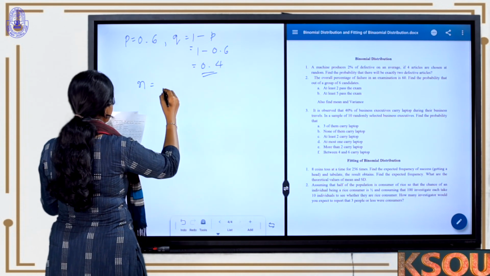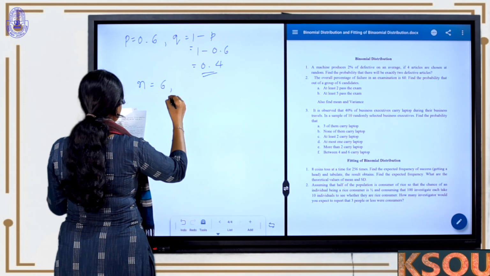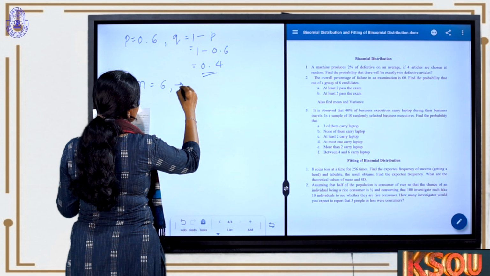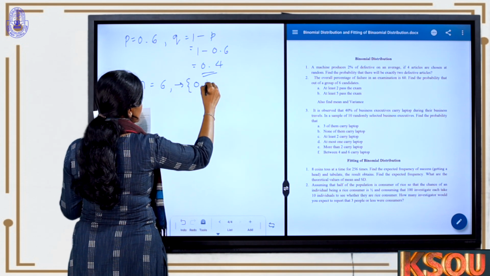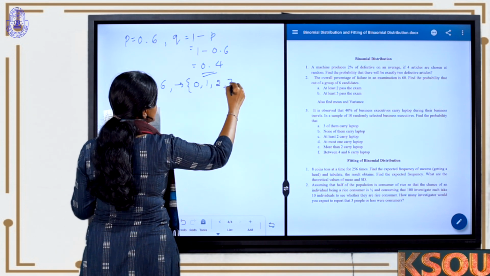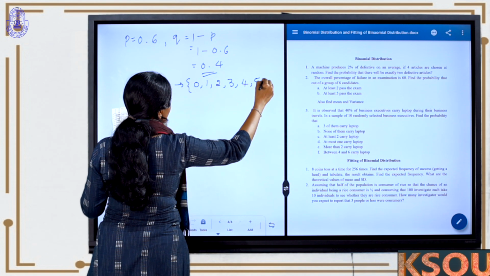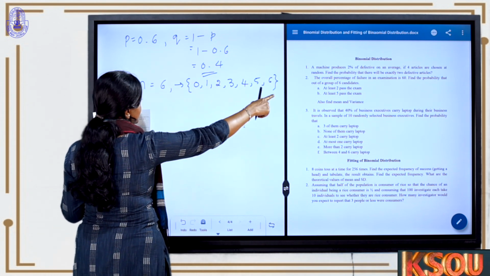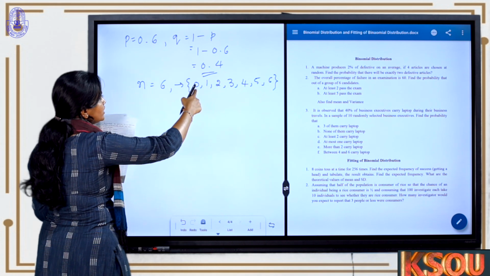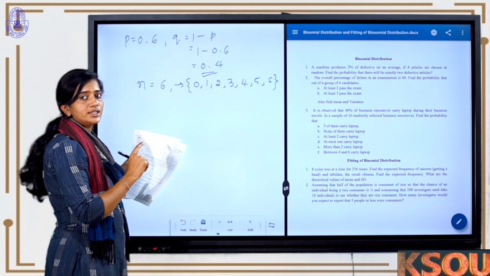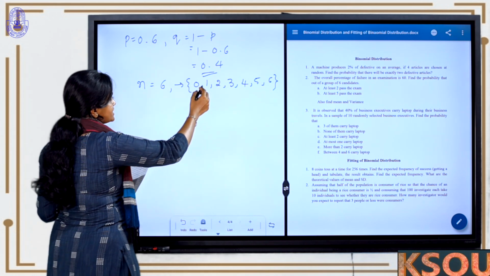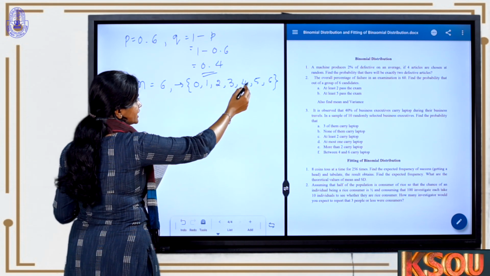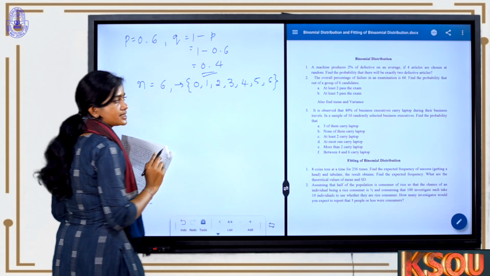Hence the N value is 6. So if N is 6, then you start from 0, that is 0, 1, 2, 3, 4, 5 and 6. Like this you have possibilities here: P of R is equal to 0, P of R is equal to 1, P of R is equal to 2, R is equal to 3, like that 4, 5 and 6.